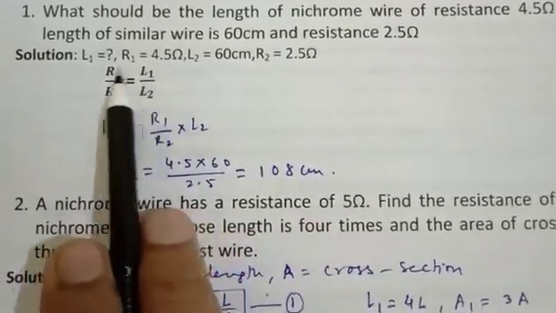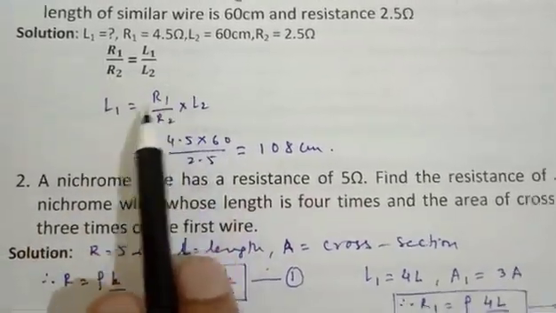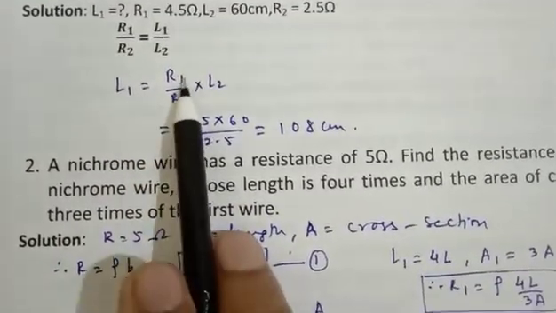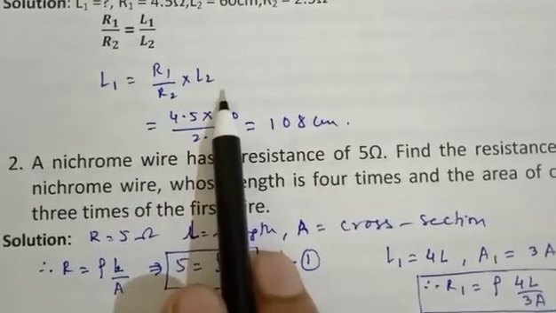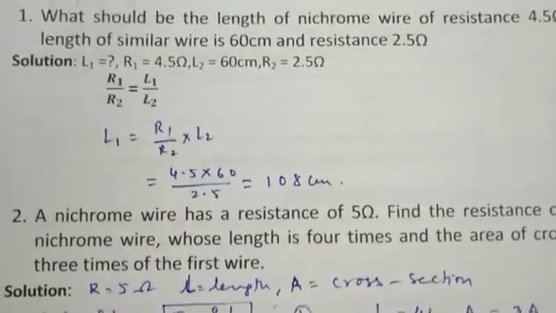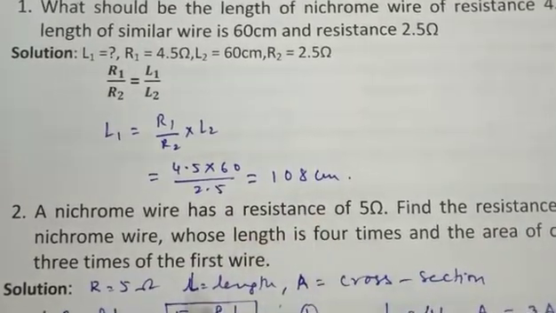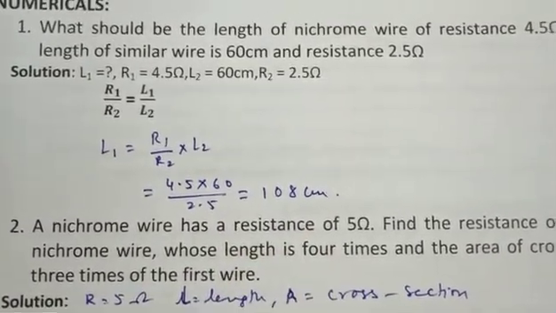Now after writing this formula, we have rearranged and we got L1 is equal to R1 by R2 into L2. And then by putting the value here, we have got the answer as 108 centimeter.